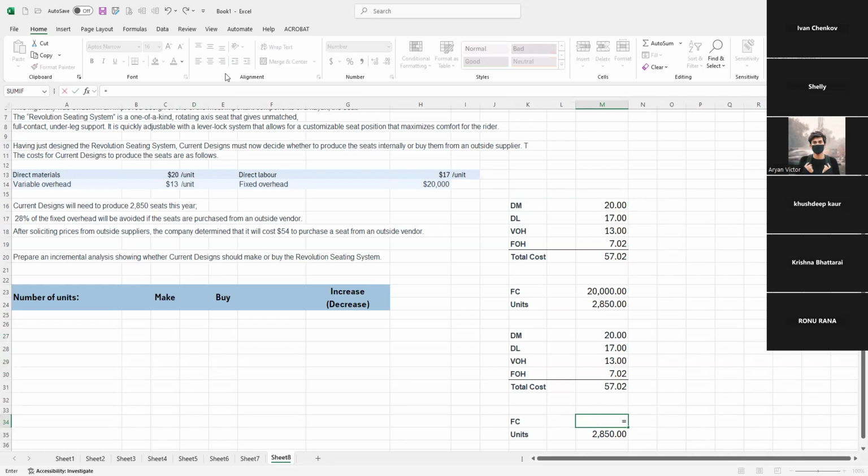It's going to be equal to 20,000 minus 20,000 times 0.28, correct? Yeah. So my fixed overhead cost is going to go to 14,400, right? Yeah. So let's see now.